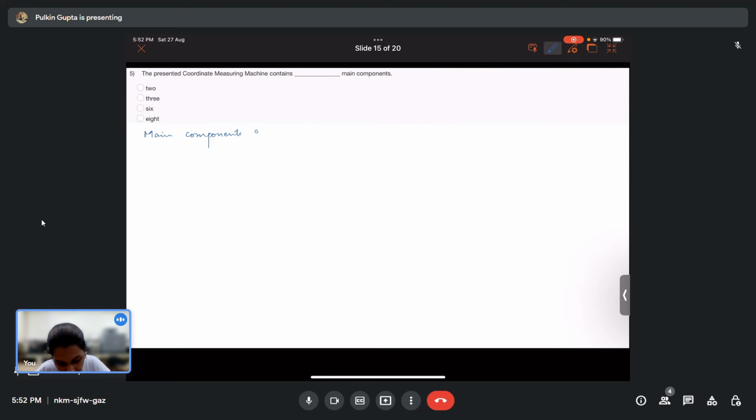Main components of coordinate measuring machine.